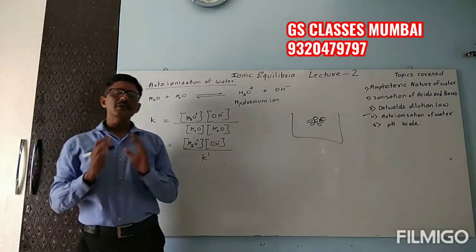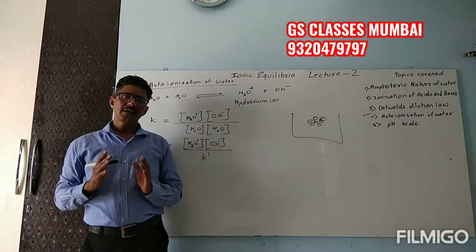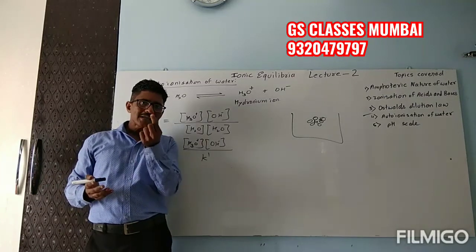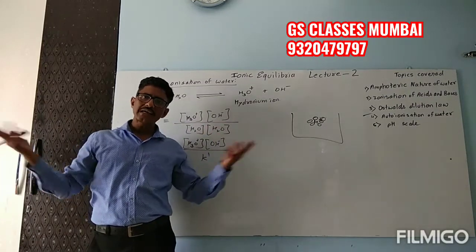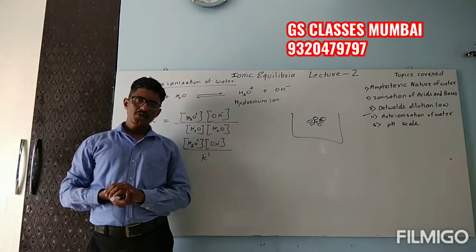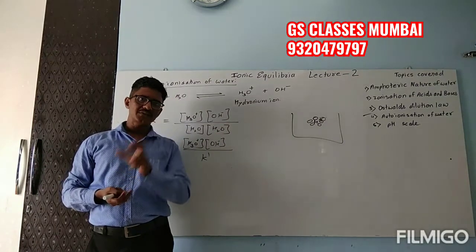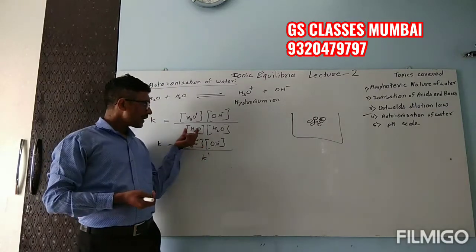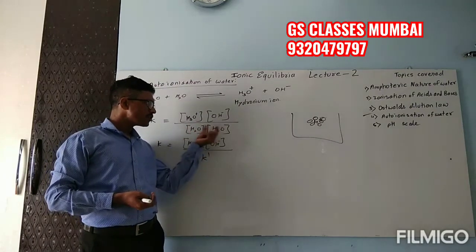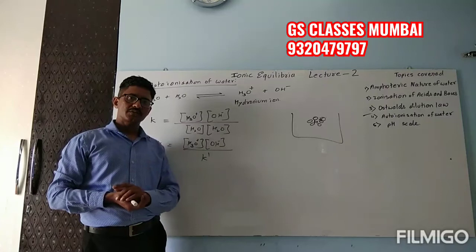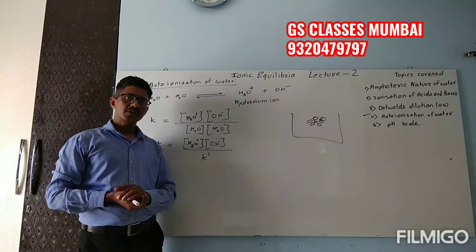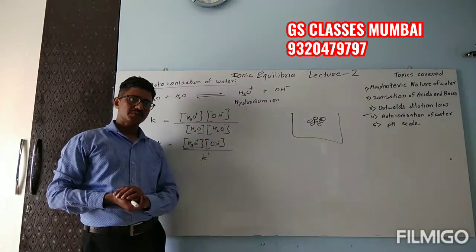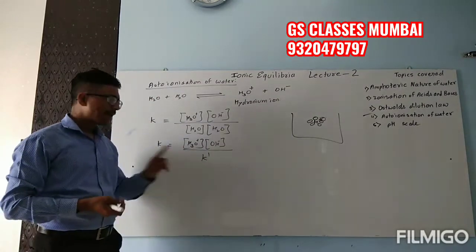It's very simple to understand. Out of 1 crore, if 1 rupee has gone, almost nothing has gone. So we use the word constant. Likewise, we are writing here concentration of the water molecules remains constant, and I am replacing it by another constant.